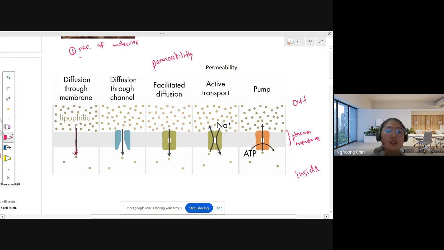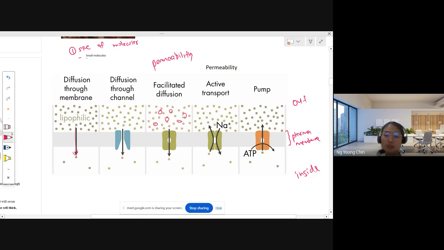So a small molecule is able to pass through compared with a large molecule. If the molecule is very large, it requires the assistance of carrier proteins to pass through. For example, you can see this molecule.